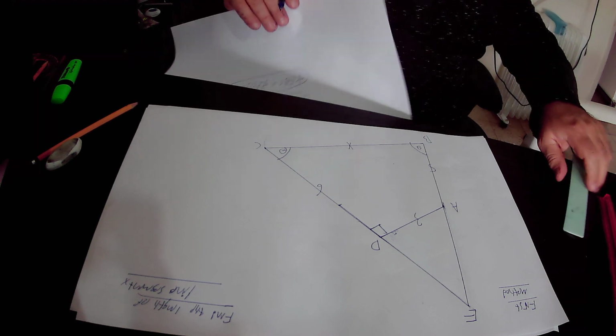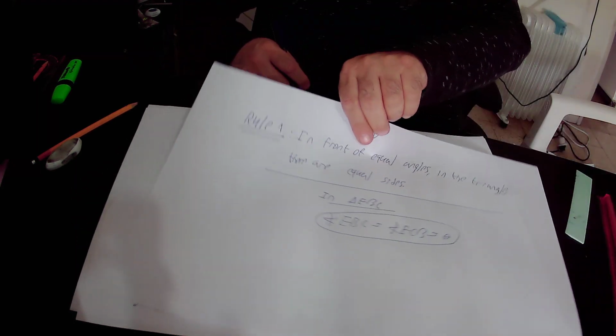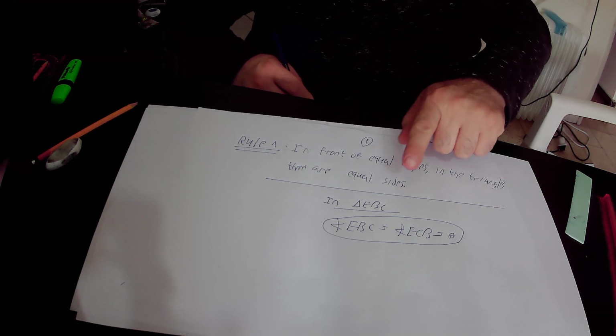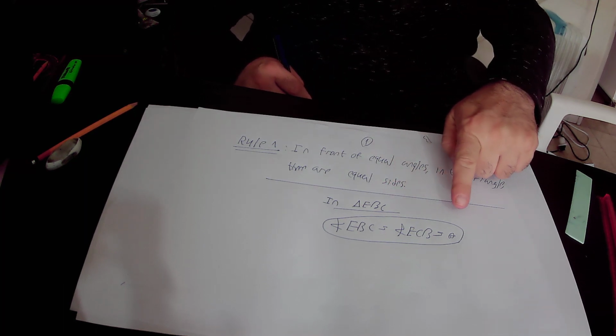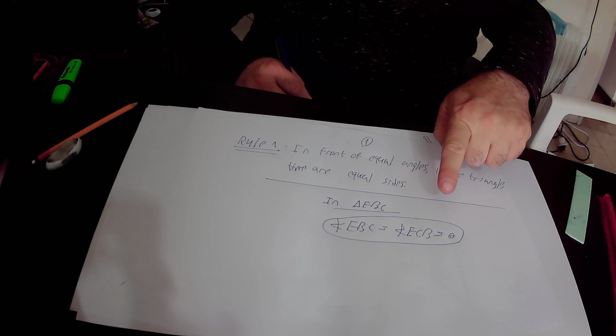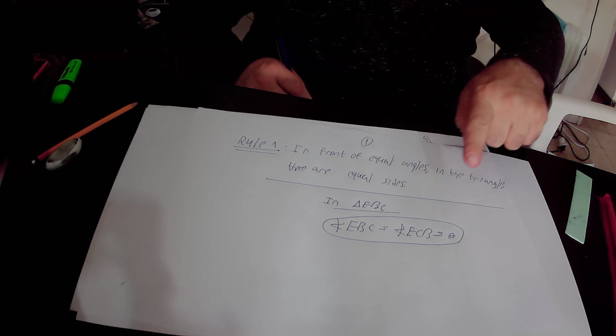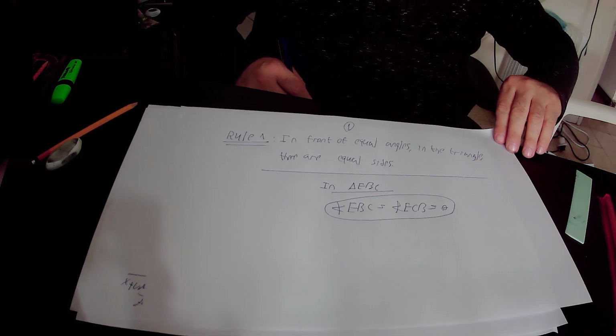I'll repeat again. In triangle ECB we have angle EBC that is equal to angle ECB, and both angles are equal to theta.